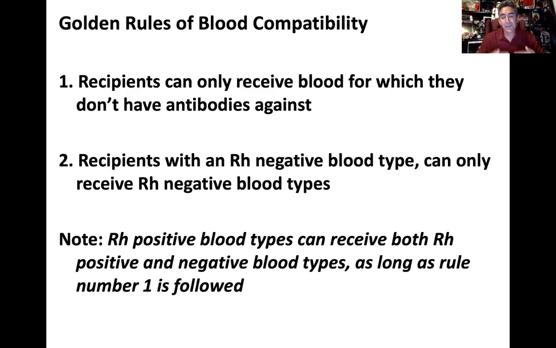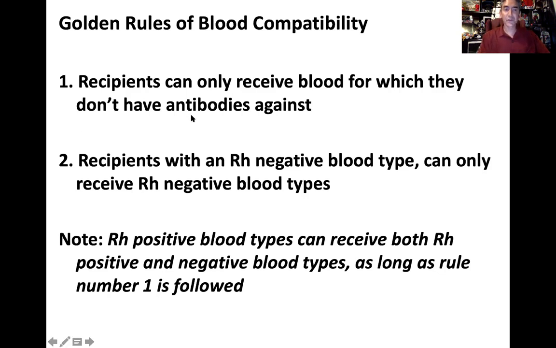So if the person is already positive for the Rh, they can interact with the positive, and it's not fair to the negative, but they can also interact with the negative. So if I'm already positive for COVID, I can interact with other positive people, and it's not good for the negative people, but I could interact with a COVID negative person and it wouldn't affect me in any way. It would affect them, but not me. Again, bad analogies, I'm sorry for those, but that's what comes to mind right away.